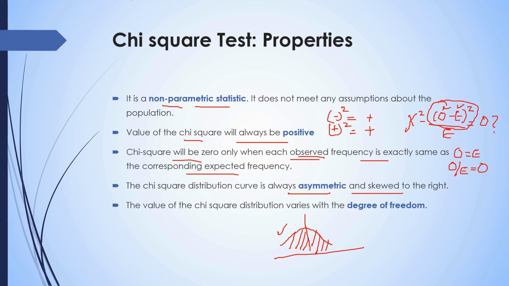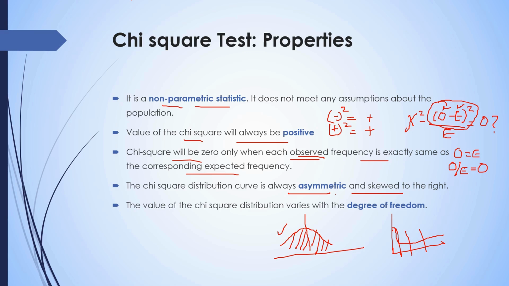What is an asymmetric curve? An asymmetric curve is one which will always be skewed. No matter where you cut it, you will never get two equal halves. Okay, so this is the meaning of symmetric and asymmetric curves. And in our case, the chi-square distribution curve is always skewed to the right and it is asymmetric.